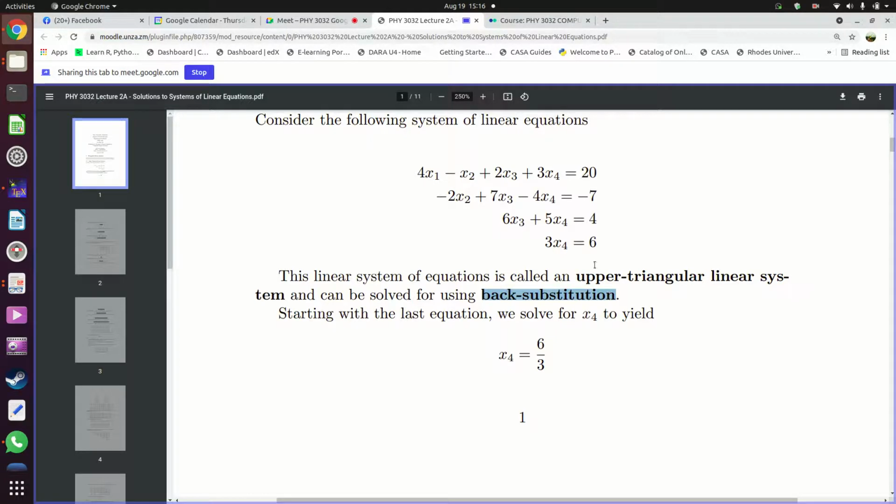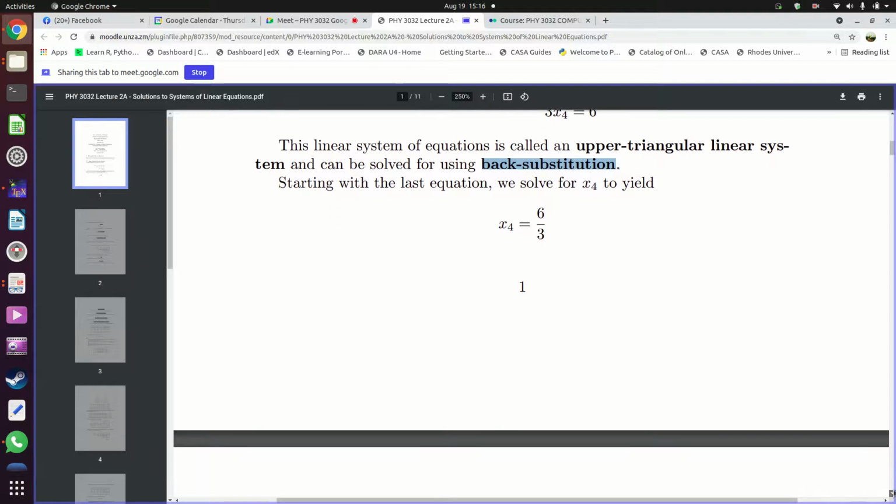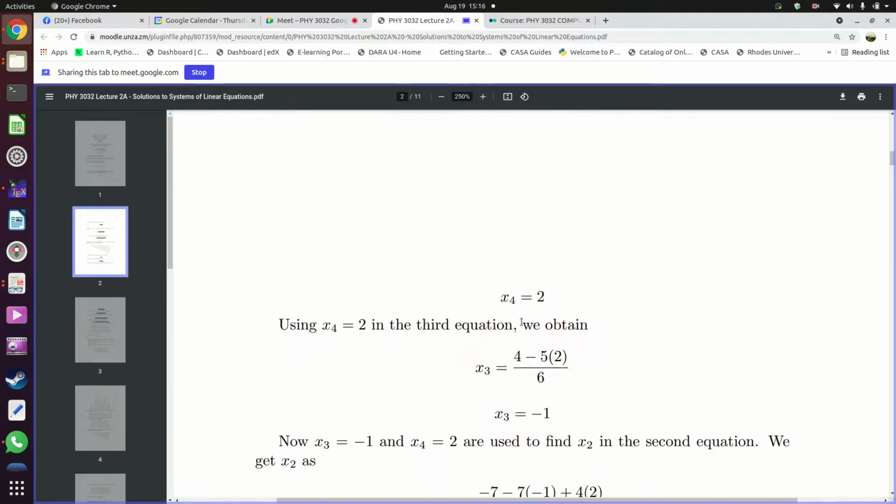Yes, sir. So whenever you have an upper triangular linear system, you solve it using back substitution. In this particular case, we have x4 equals 6 over 3, so x4 equals 2.